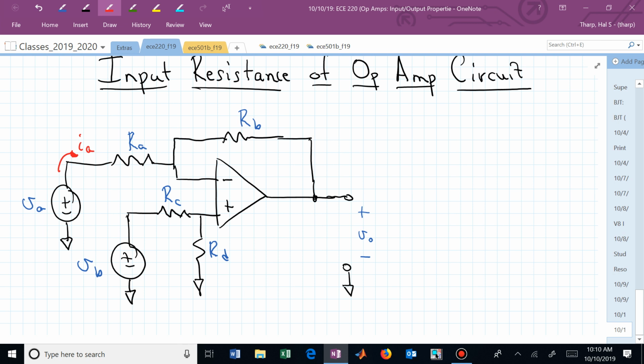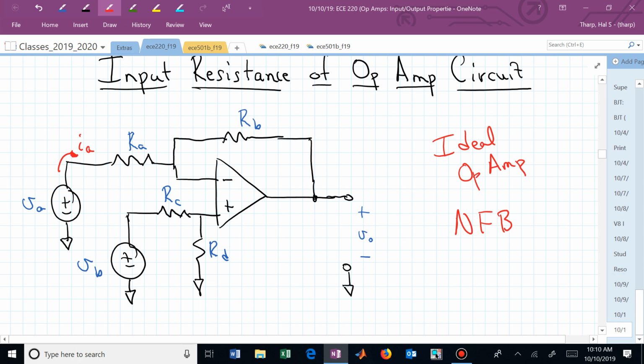And let's just assume that we have an ideal op amp and negative feedback. We have negative feedback, so this allows us to assume that V sub P is equal to V sub N. And here's V sub P. And where's V sub N?